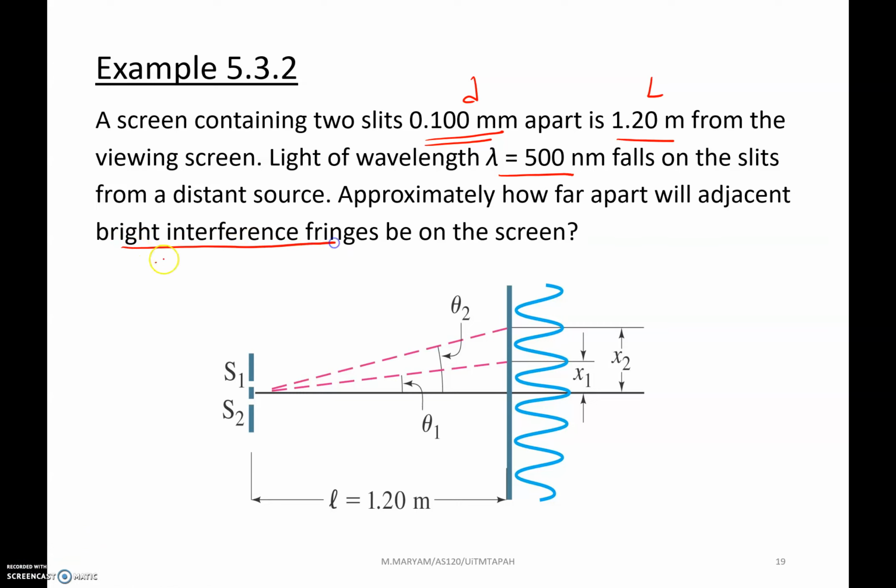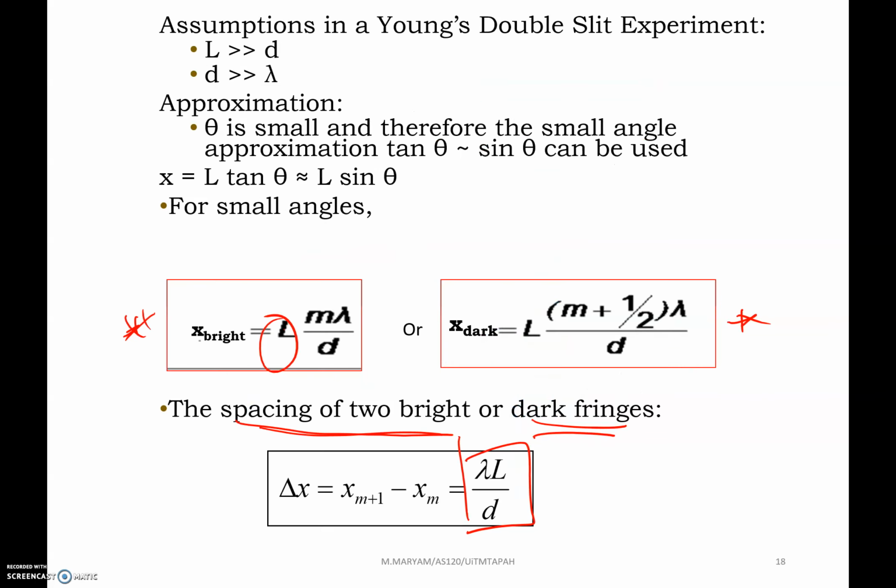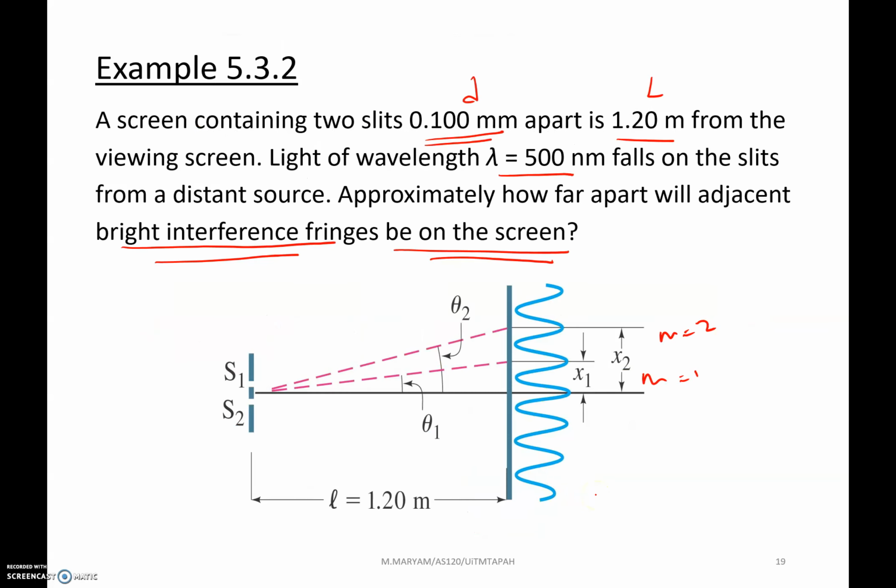So there are bright fringes that can be seen on the screen. Adjacent means between one fringe and another. You can choose any fringes that you want, provided that they are adjacent to each other. The easiest will be the first and the second fringe. Like I've mentioned before, you can use the easier equation, lambda L over d, to find the distance between the two adjacent fringes. So delta x is equal to lambda L over d.